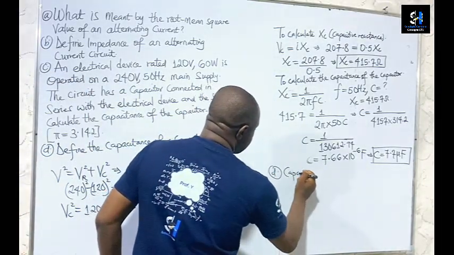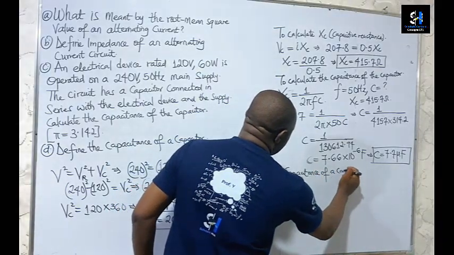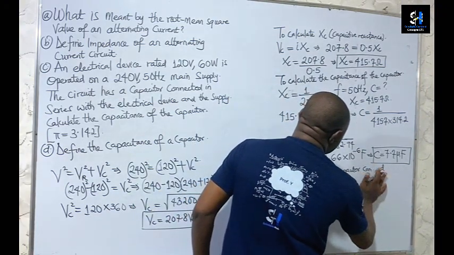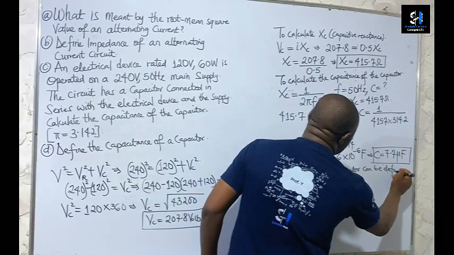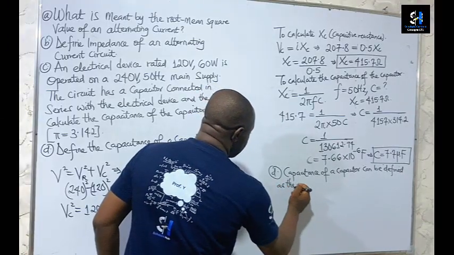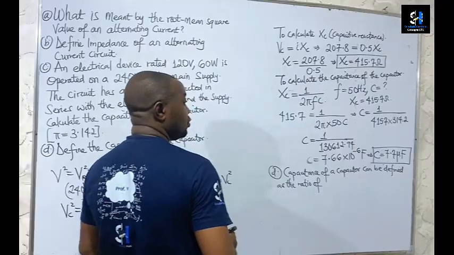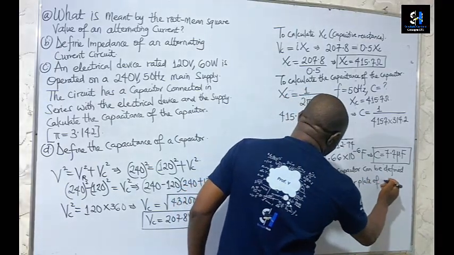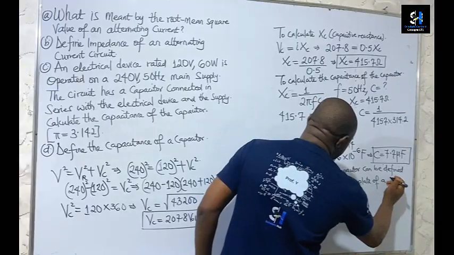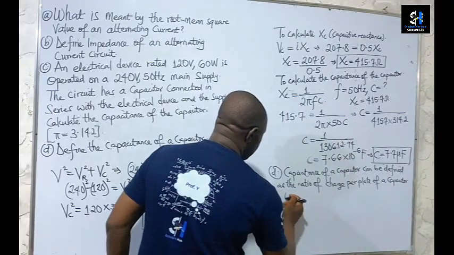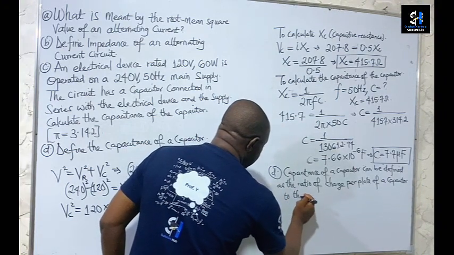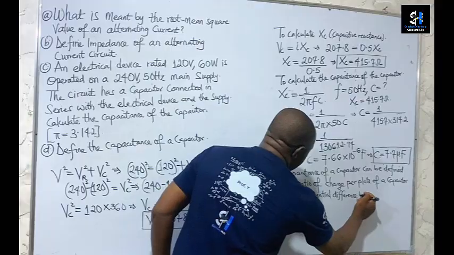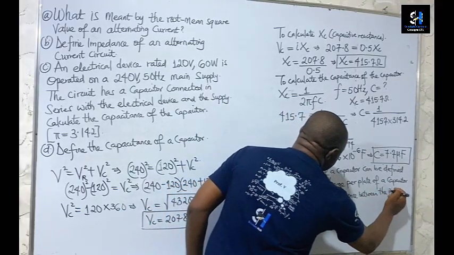The capacitance of a capacitor can be defined as the ratio of charge per plate of a capacitor to the potential difference between the plates.